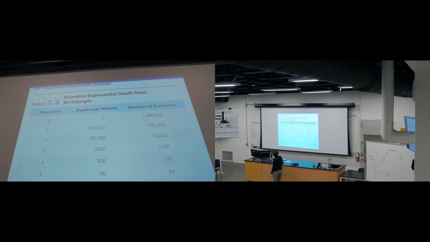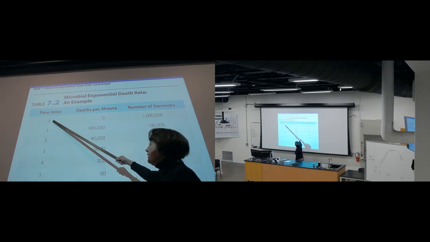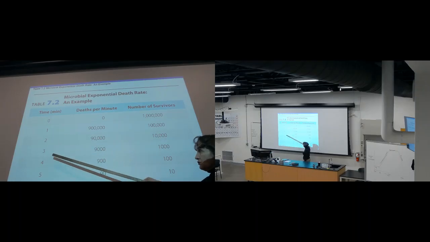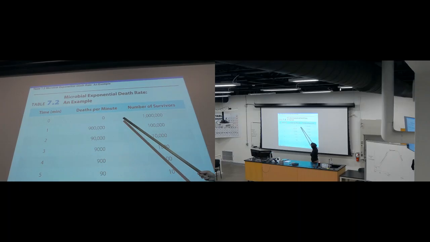Now, if you put it in a table, not in a graph, this is what you will see there. You can put here, in this column on the left, the minutes that you put your instrument to sterilize. And then in this middle column, you can put the deaths per minute that occurred.